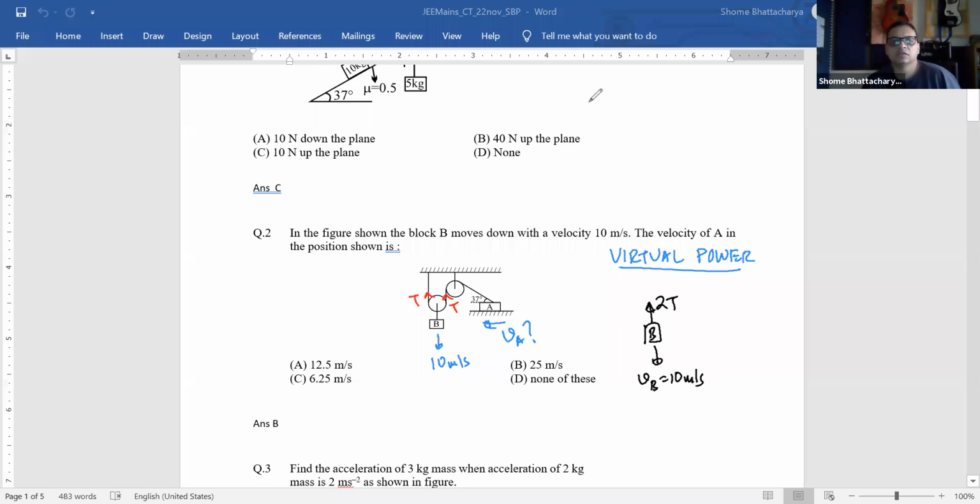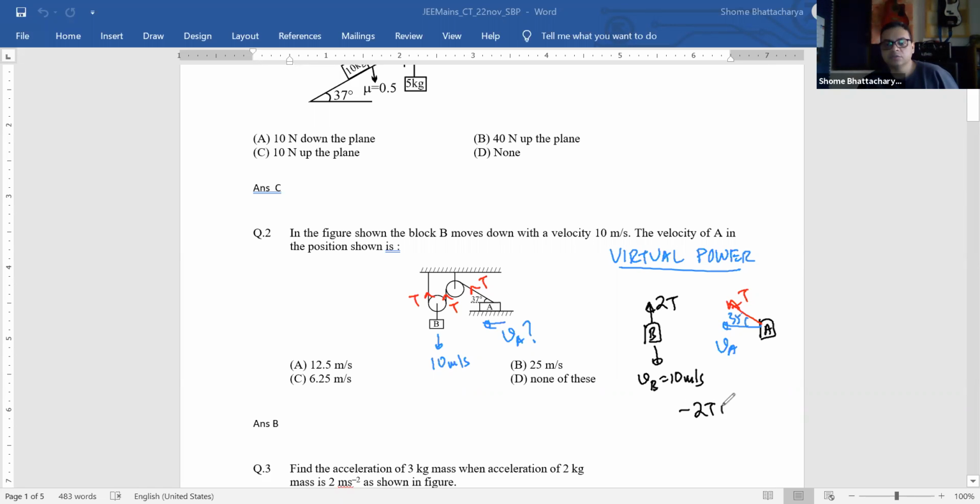Whereas on block A, you can see there is T acting like this. So when you look at block A, the tension is acting like this. Okay. Whereas the velocity of the block is in this direction. So this angle is 37 degrees. Okay. So the power delivered by tension on B is how much?